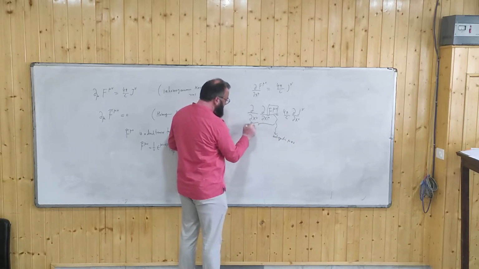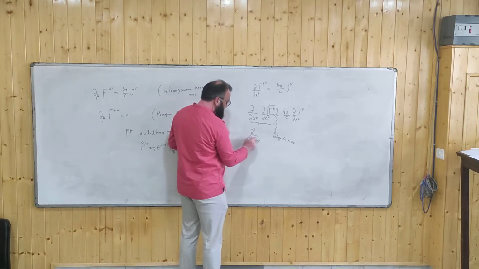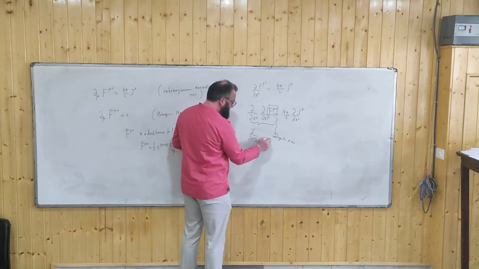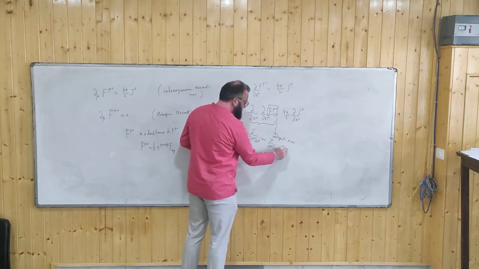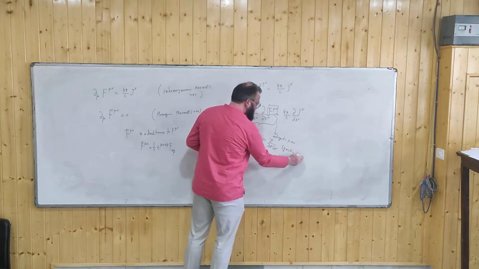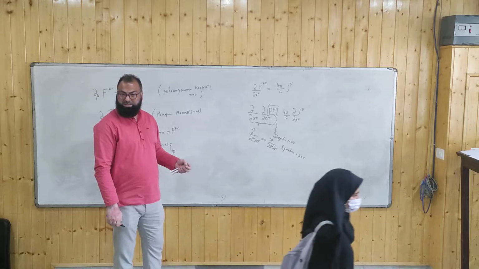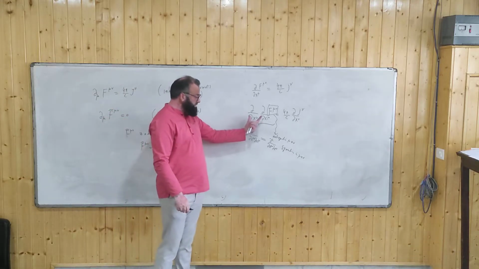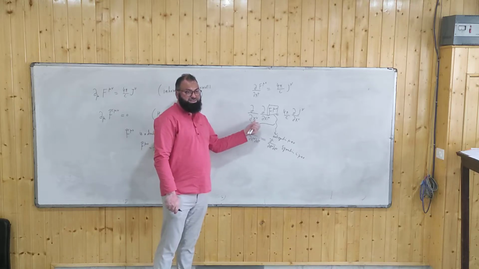What about this very object, partial 2 by partial x mu, partial x nu? This is the same as partial 2 by partial x nu, partial x mu. So it means it's symmetric in mu and nu. Clear? Is that true? Because this is simply the double derivative, I can interchange the partial derivatives.